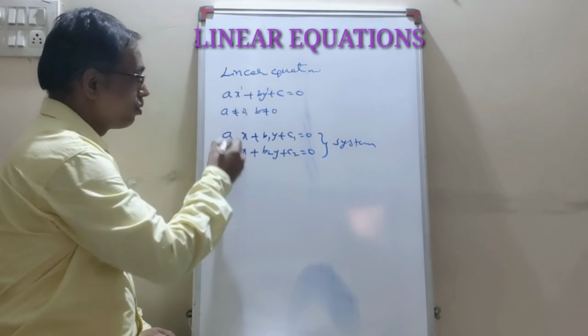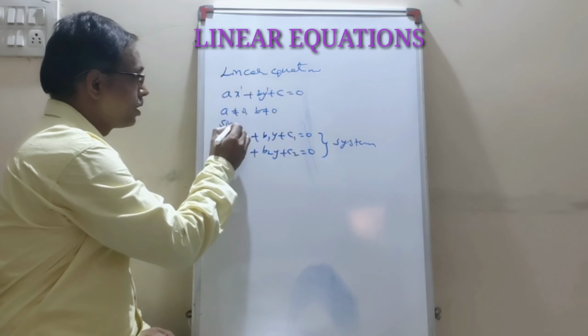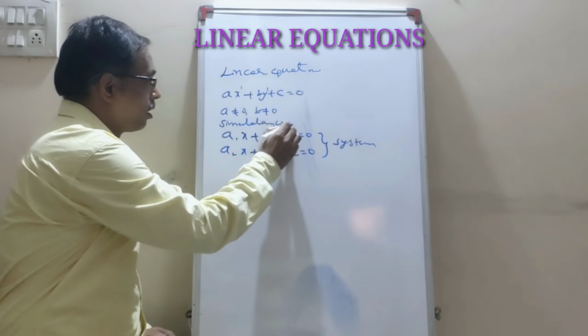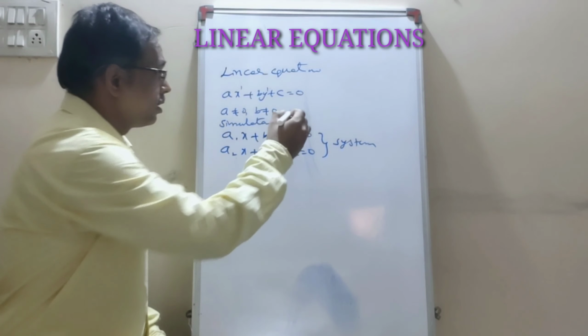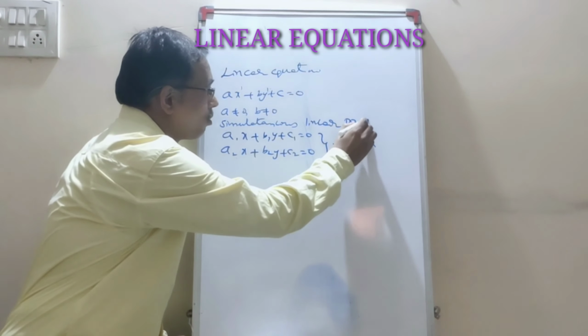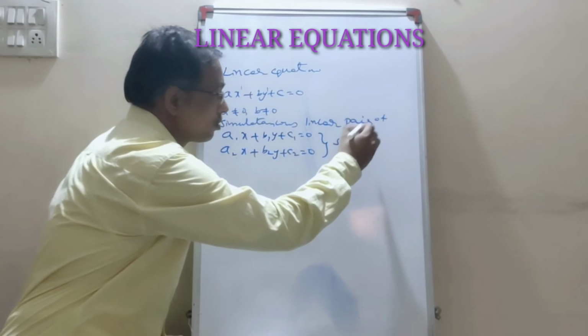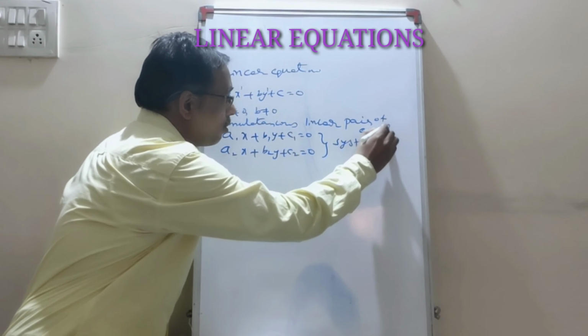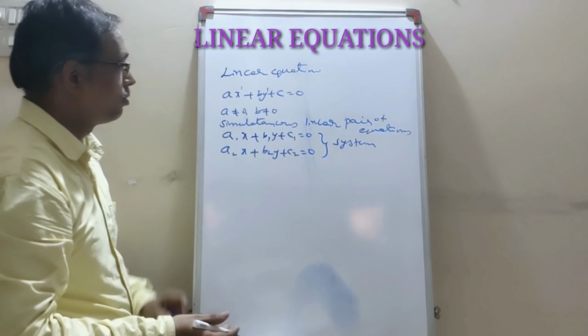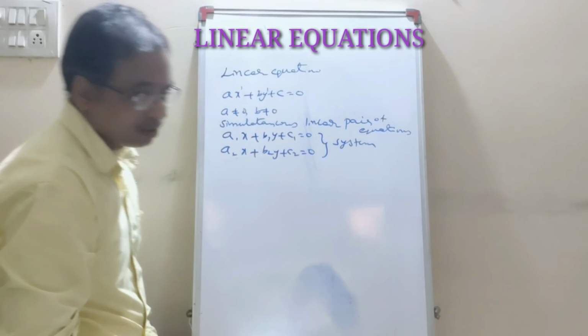And moreover, these two lines are known as a simultaneous linear pair of equations. Now here a1x plus b1y plus c1 equal to 0, a2x plus b2y plus c2 equal to 0.